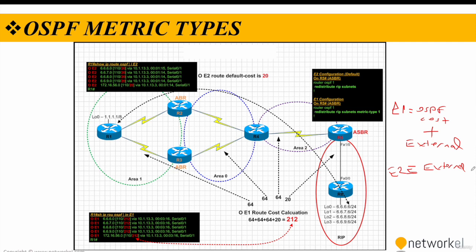OSPF uses the external metric as is, without considering the internal OSPF path cost. So if the external cost is 20, the E2 metric remains 20 regardless of the internal OSPF cost.